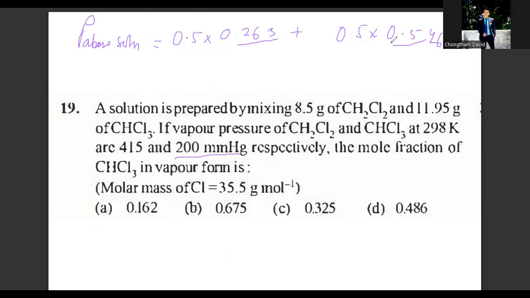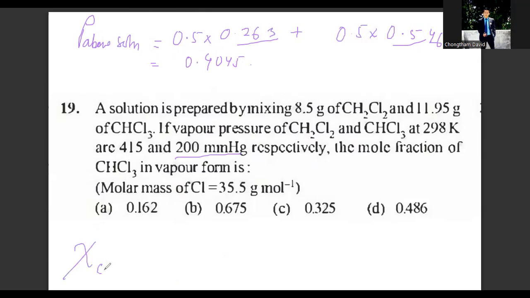Do the conversion. Then after this calculation, it will give you the value of the pressure above the solution, that is 0.4045.